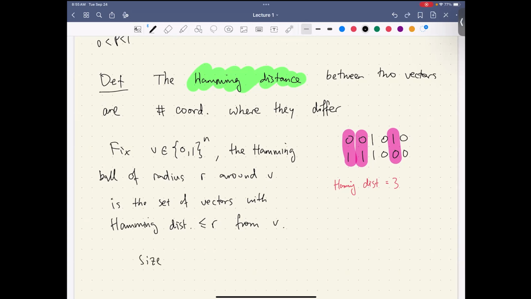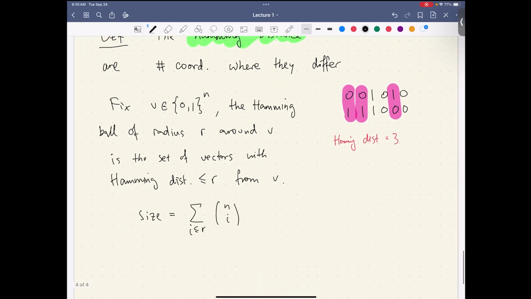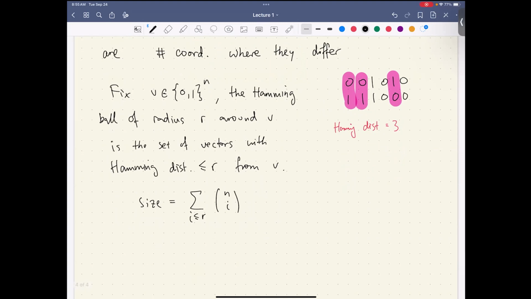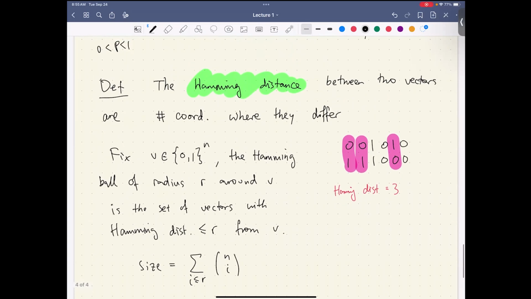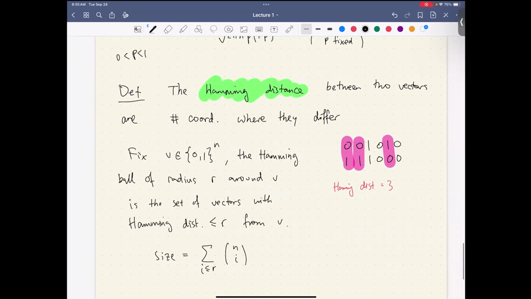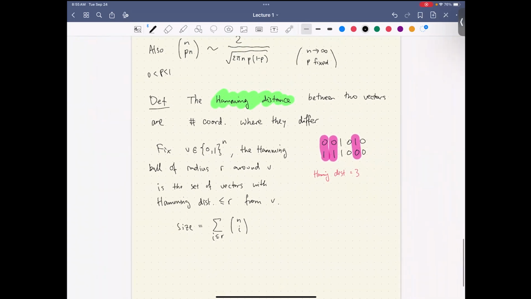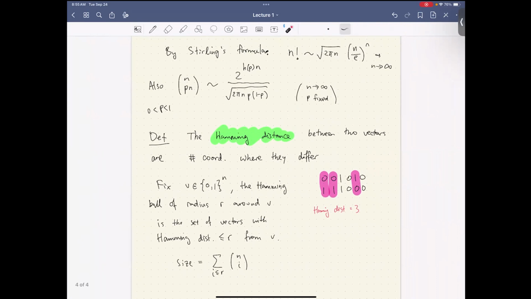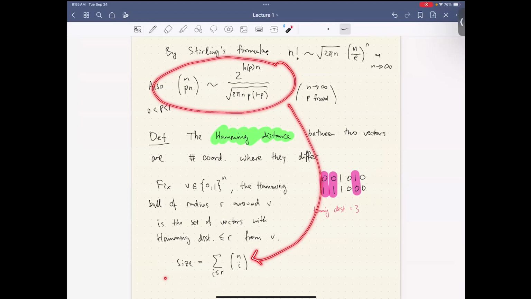In other words, the size equals precisely the sum of n choose i for i at most r, because we're going to choose at most r positions to flip from 0 to 1. So as we've seen, we can use this entropy function to give a fairly good estimate on the size of a Hamming ball.